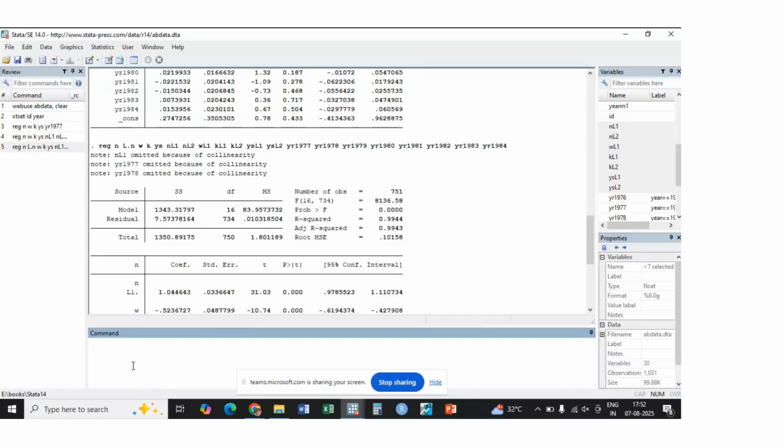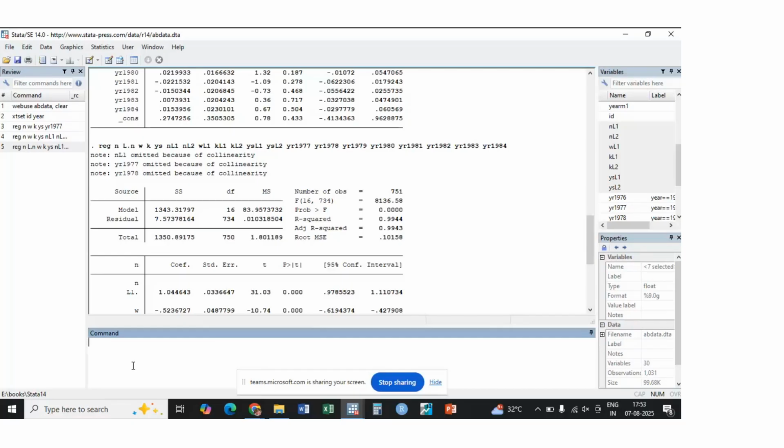When you are putting the Stata code for OLS, you don't put commas between the variables.